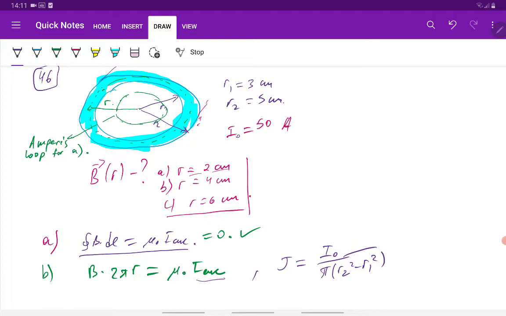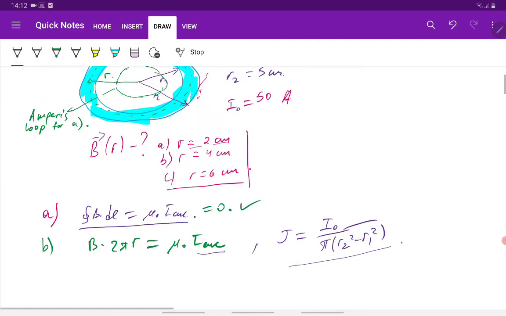Actually, if it were a solid cylinder, then the area would be pi R2 squared. But in our case, inside it's empty. That's why I substituted this value.